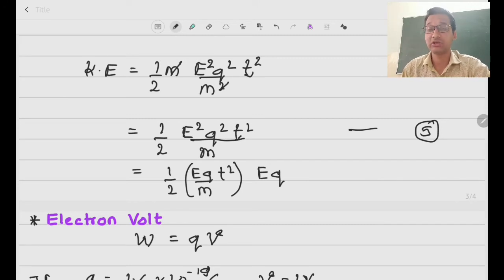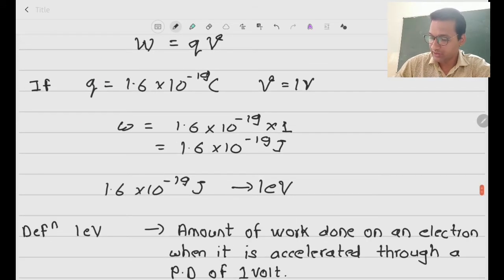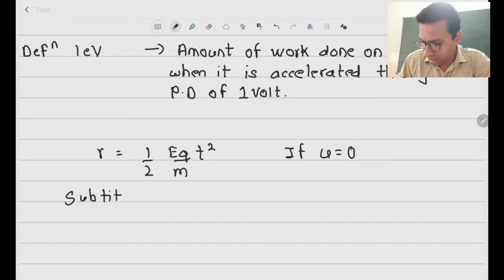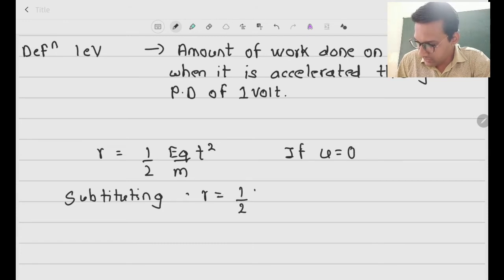But now 1/2 EQ by m into t square will be, let us call this equation number 6, substituting this value of R, substituting R is equal to 1/2 EQ by m into t square in equation 6.